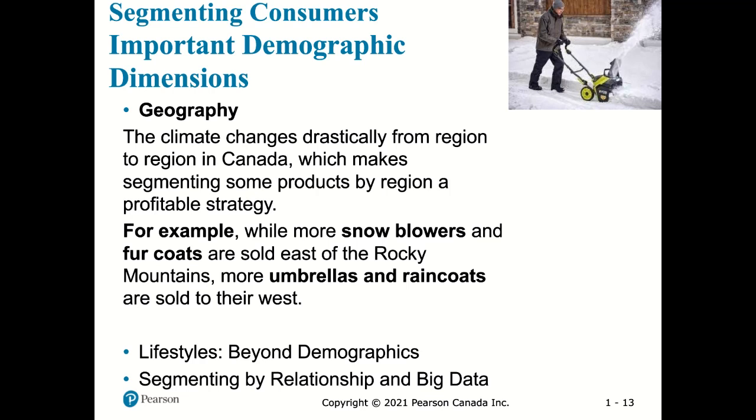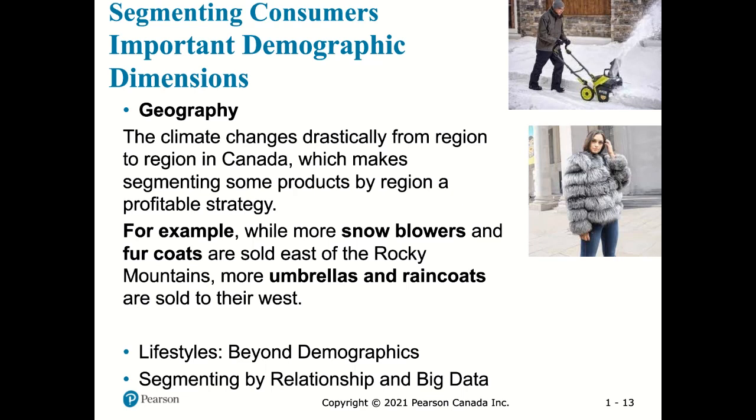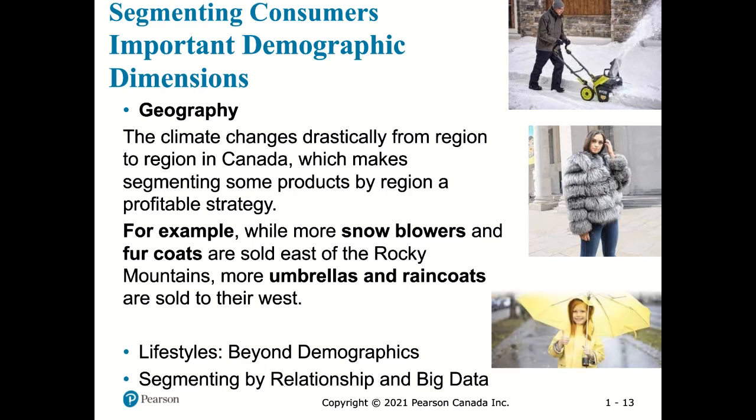In most of the cities in Alberta, you find too much snow. While more snow blowers and fur coats are sold east of the Rocky Mountains, most umbrellas and raincoats are sold to the west. Here in British Columbia, you will find more umbrellas and raincoats.